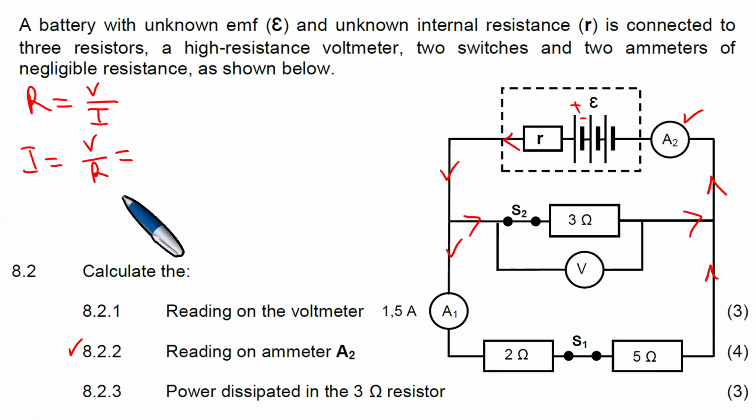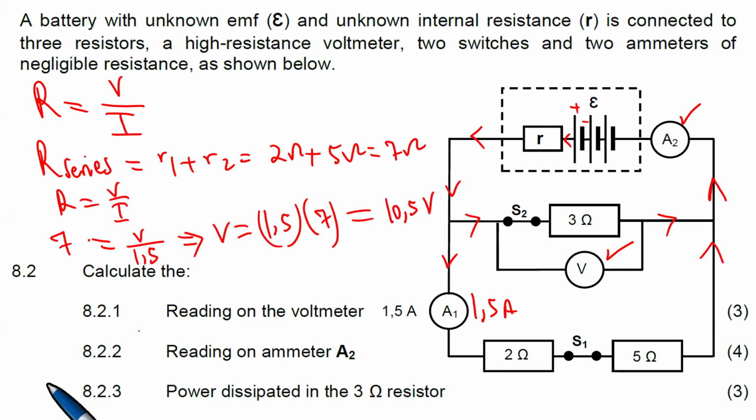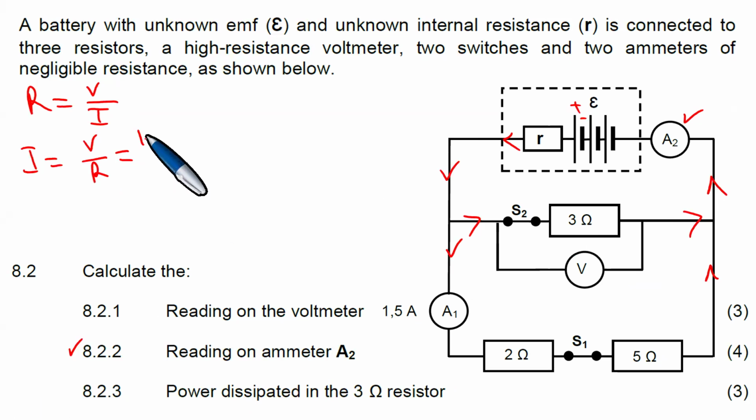What is the potential difference here? We've already found the potential difference to be 10.5 volts. Divided by the resistance. And then if it's 10.5 volts, then we just need to know the current that is through there.